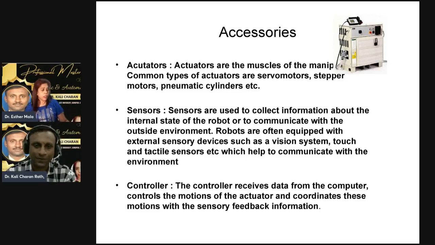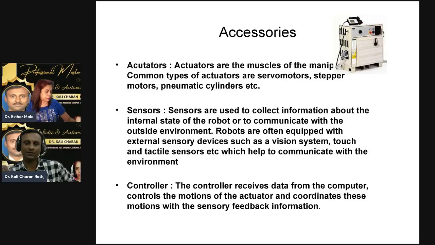Now in the seventh slide, I have represented the accessories. One part is the actuator. The actuator is the movement part, which is responsible for providing motion. Here we are using servo motors, stepper motors, and sometimes pneumatic cylinders.